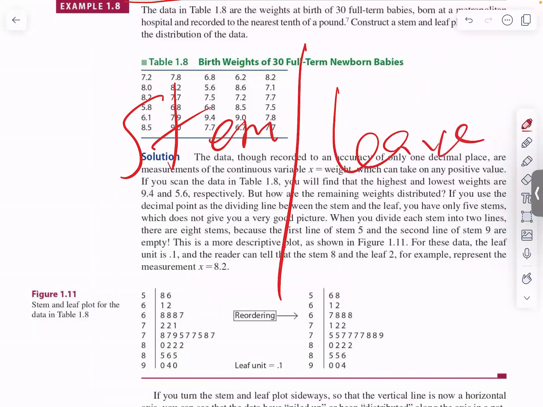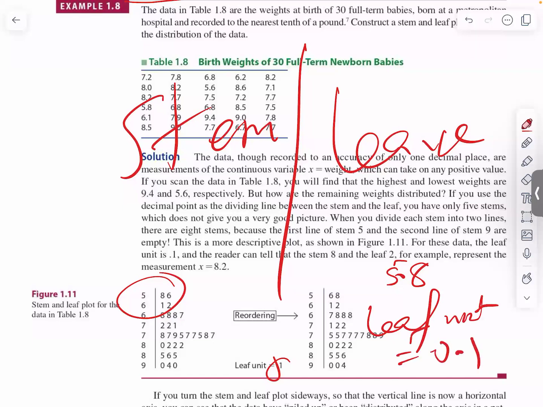And when you do it, you have to describe the units. So the unit here is 0.1 because of decimal points. So that somebody reading this will not tell you, hey, your first data is 58. No way. It's 5.8. So the leaf unit is what? 0.1. Okay. All right.